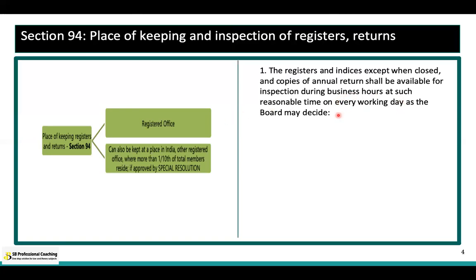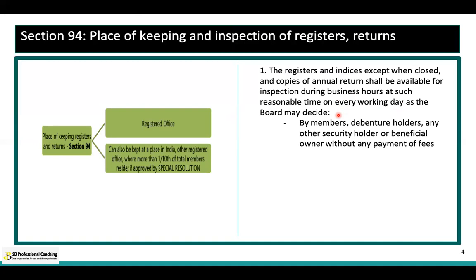Now, who will decide over here? The board will decide. The only thing the board can decide is the reasonable time. The board might decide 2 p.m. to 4 p.m., but every working day and business hours is what is provided in the law itself. Okay, so this is for inspection purposes.